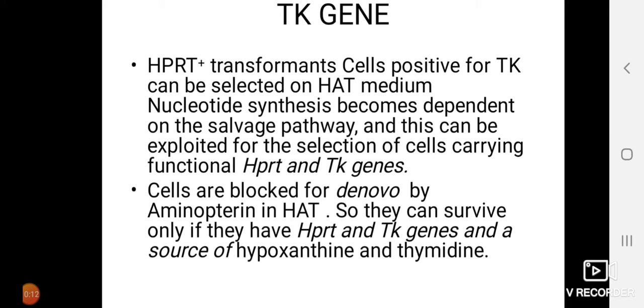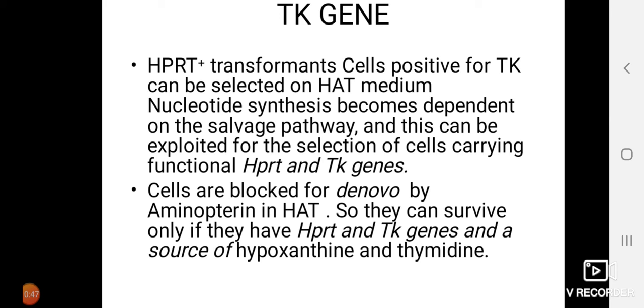From IMP it will get synthesized. So in this particular use of these types of markers, people use HPRT and TK markers. Here the cells are blocked for de novo synthesis by using aminopterin, and the cells are made to use hypoxanthine to produce nucleotides, particularly the purines.